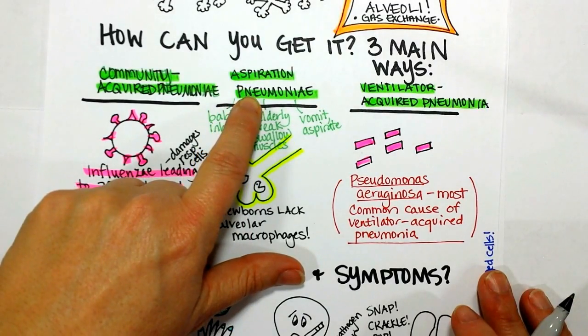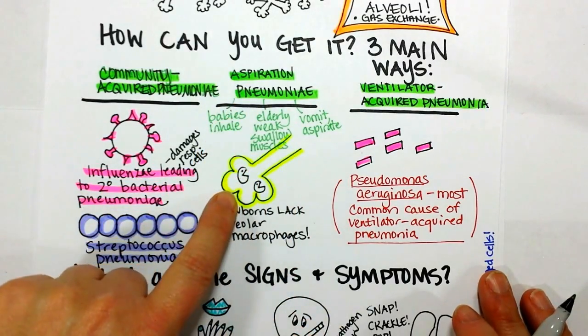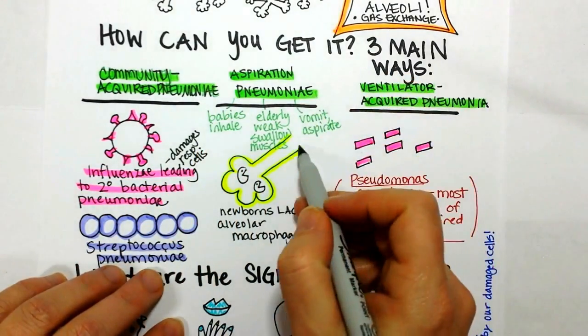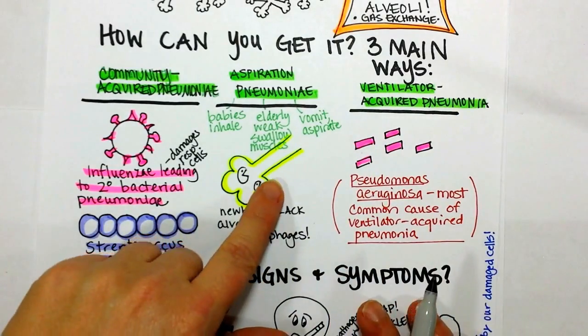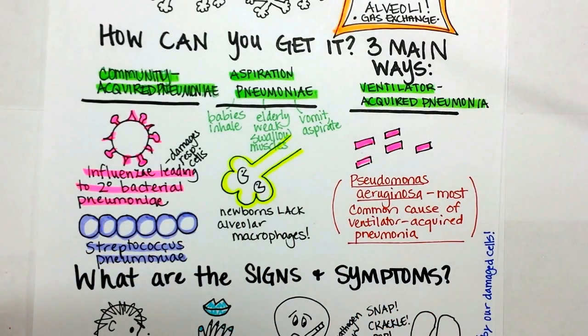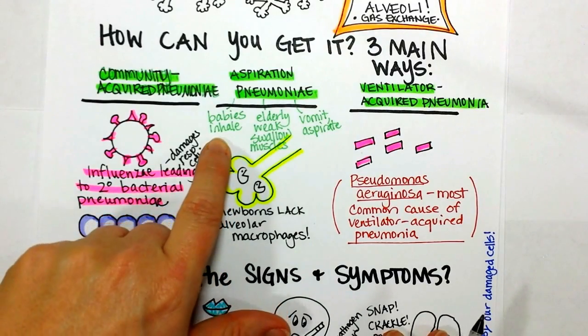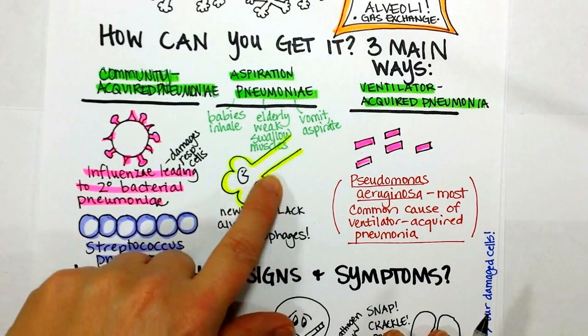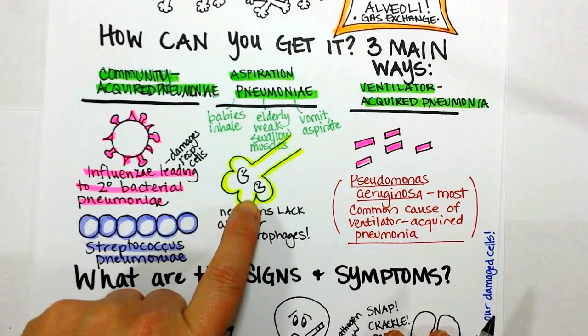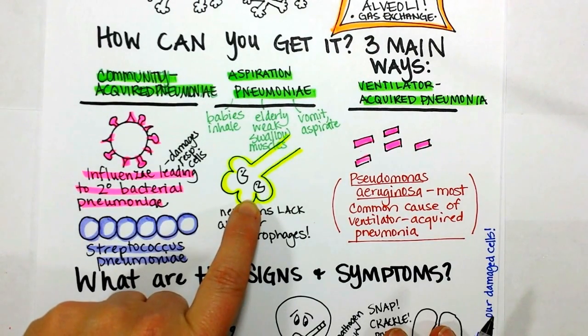Aspiration pneumonia is when a foreign body gets into the alveoli, causing inflammation and also acting as a nexus for potential bacterial infection as well. Babies, if they inhale something, lack alveolar macrophages and are more likely to get pneumonia.